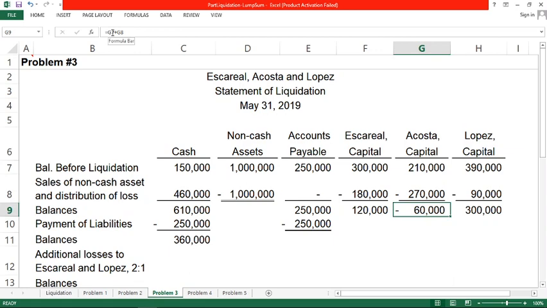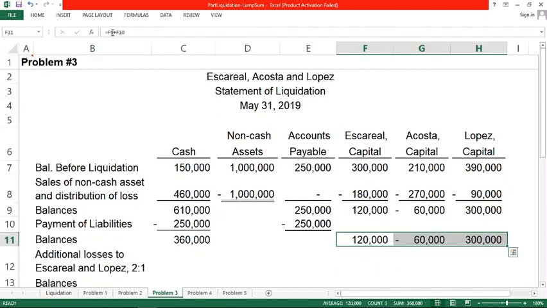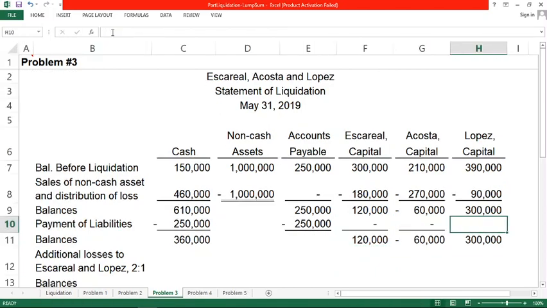So I'm so sorry Iscarial and Lopez, but I can no longer give additional investment to the partnership. If that's the case, Iscarial and Lopez are going to carry the burden. So, zero muna tayo dyan dahil payment of liabilities, wala namang ganap ang mga capital balances.